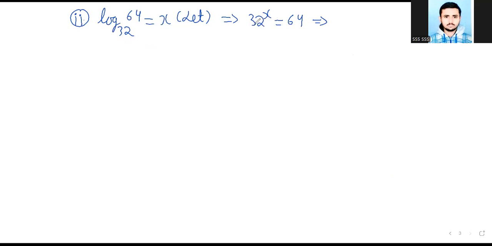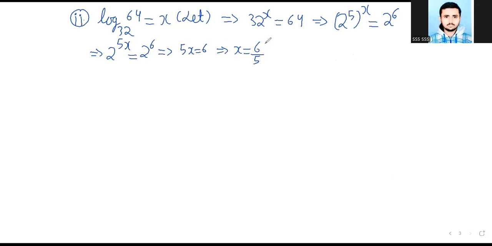So let's try. 32 is 2 raised to the power 5 and we have whole power x. 64 is 2 raised to the power 6. This means 2 raised to the power 5x is equal to 2 raised to the power 6. Now we have to equate the powers because the bases are already equal. So we can say 5x is equal to 6, which implies that x is equal to 6 upon 5. So the answer for the second question is x equal to 6 upon 5.